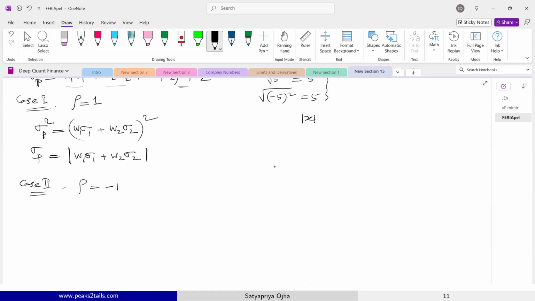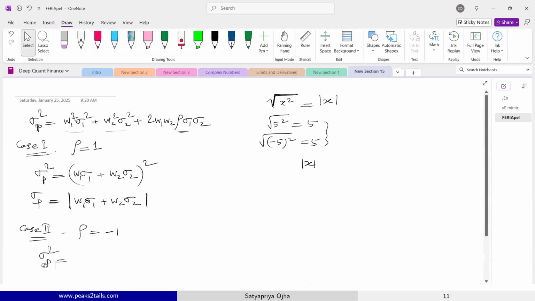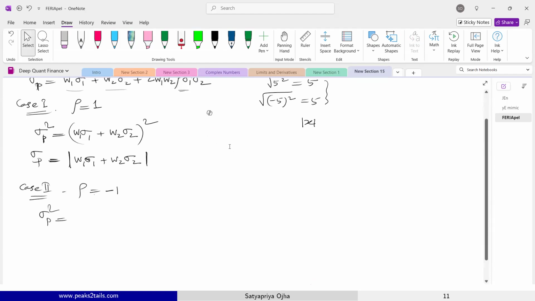Anyways, okay. What is sigma p square in this case, guys? A square plus B square, rho becomes minus 1, so minus 2AB, that's just A minus B whole square.